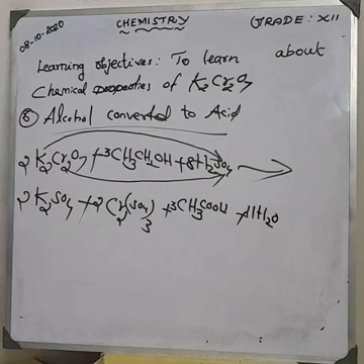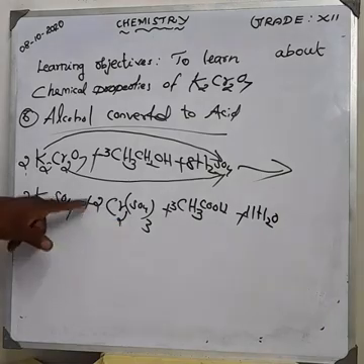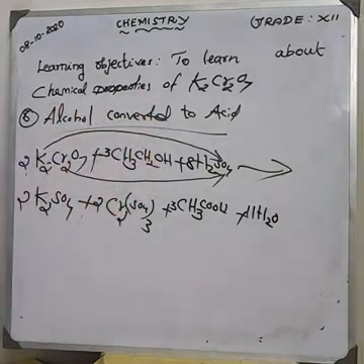If you make it 11, this is 22. Okay, clear. Now the equation is balanced. If you have very much difficulty, please call me. How can you balance the equation? First 2, then potassium, chromium, sulfate 8. These are the oxidation reactions of potassium dichromate.